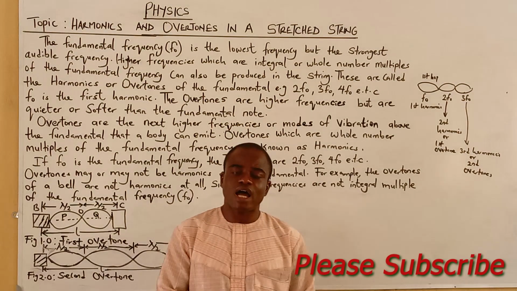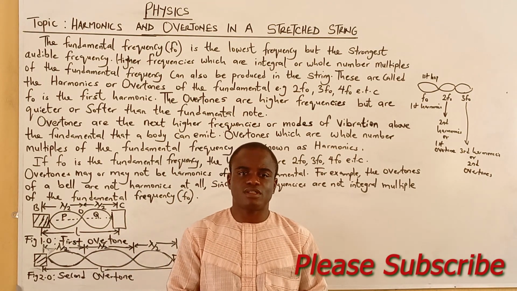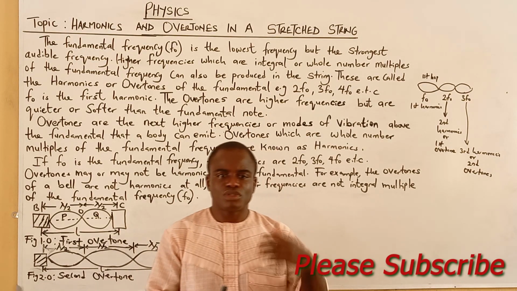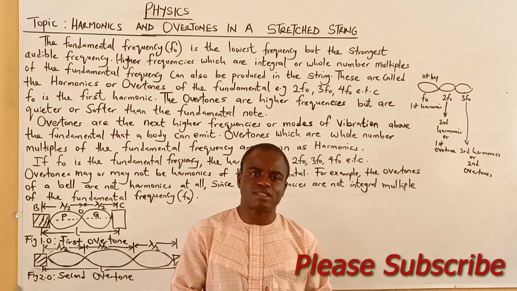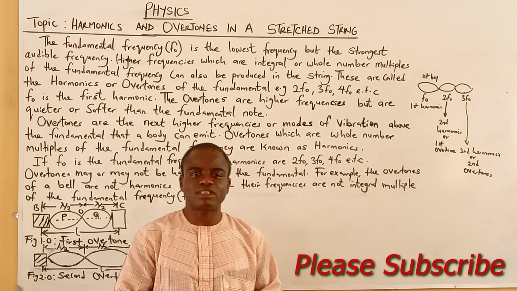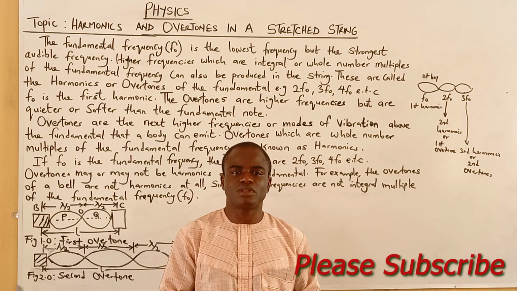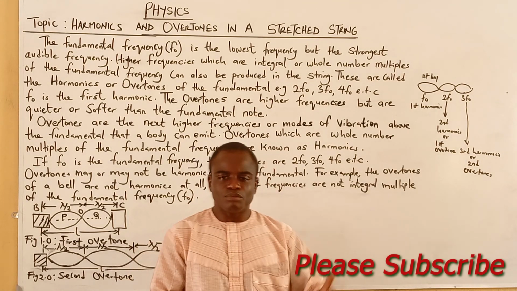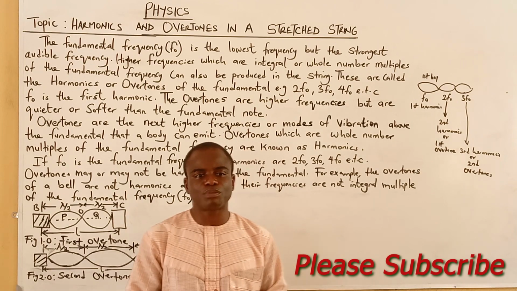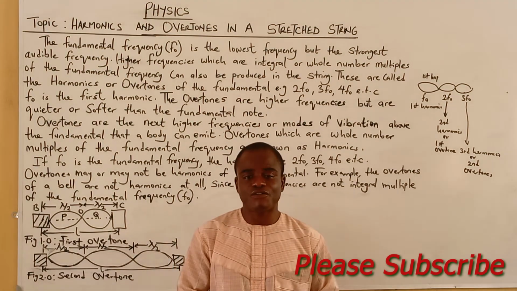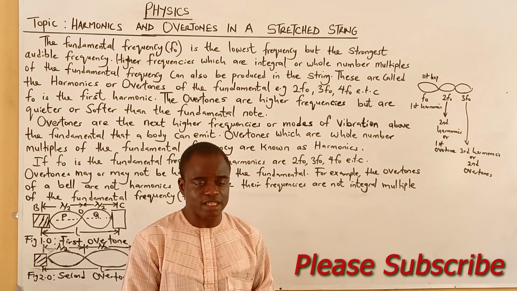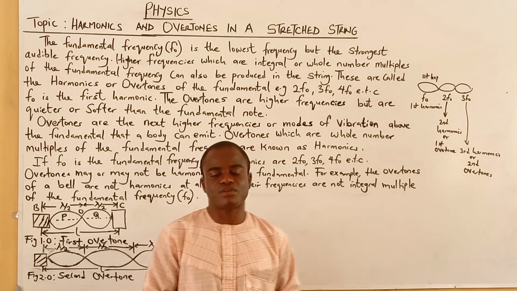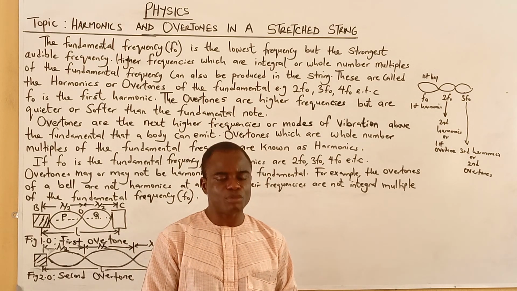Overtones are the next frequency or mode of vibrations that a body can emit that are above the fundamental frequency. Overtones are integral multiples or whole number multiples of the fundamental frequency, which are called harmonics.